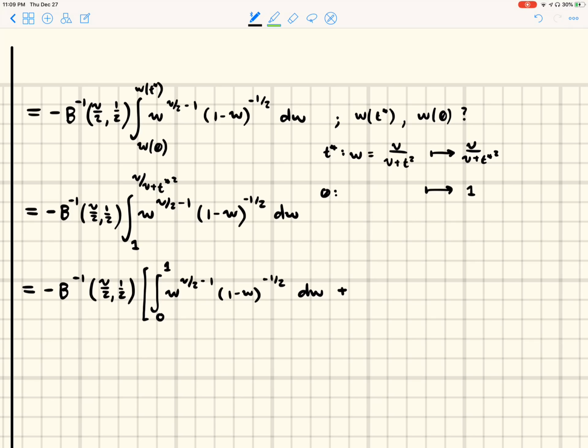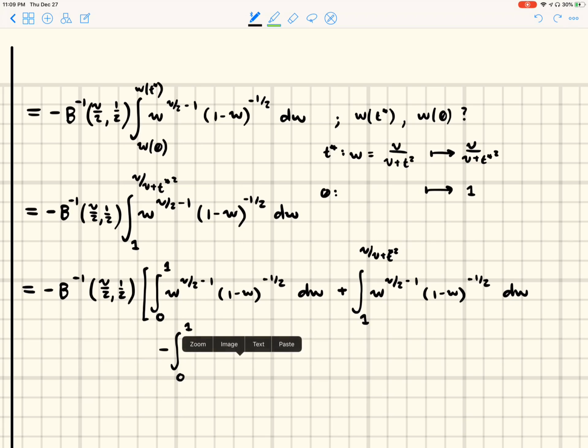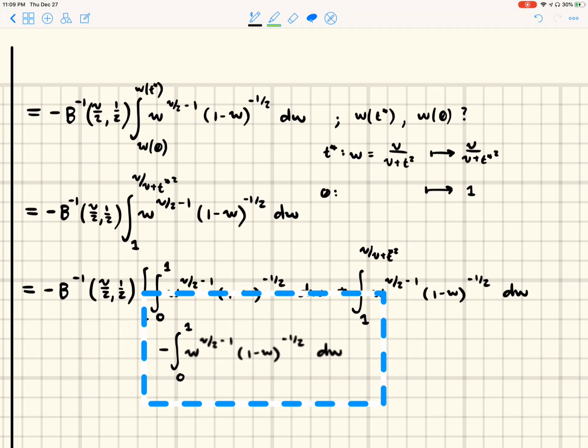We're going to add from 1 to our upper limit of integration. And then we're going to simply subtract off the thing we added, which seems superfluous, but I'll show you in a second, it's actually quite useful.